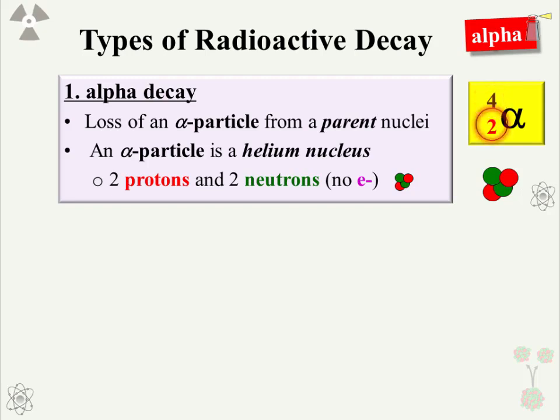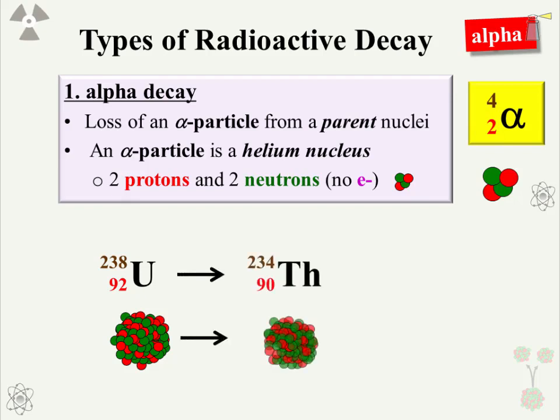We can look at the decay of the unstable isotope of uranium-238. It has 92 protons, as denoted by the charge of 92. At some random point, the nucleus of a U-238 atom will eject an alpha particle, a helium nucleus, leaving an isotope with a slightly smaller nucleus.